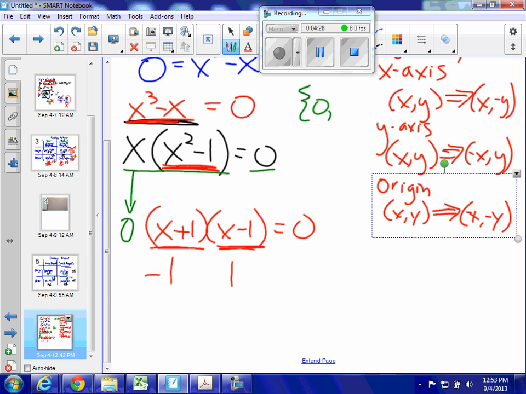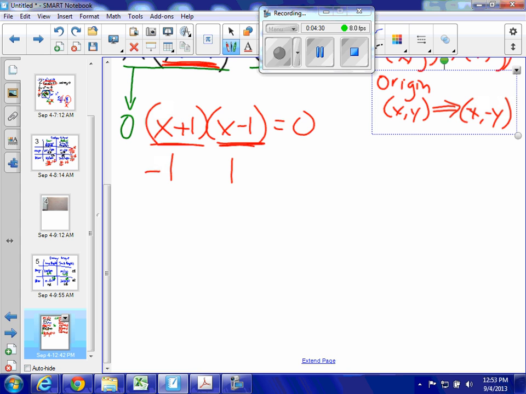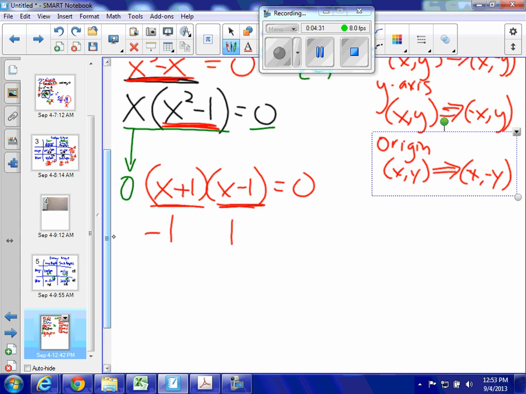Now another way that I could have done that is, you can see here I have x squared minus 1 equals 0. And since I don't have any middle term of x in here, like x squared plus 3x minus 1, there is no middle term with just a single power.